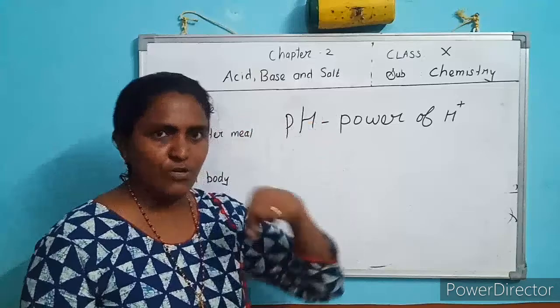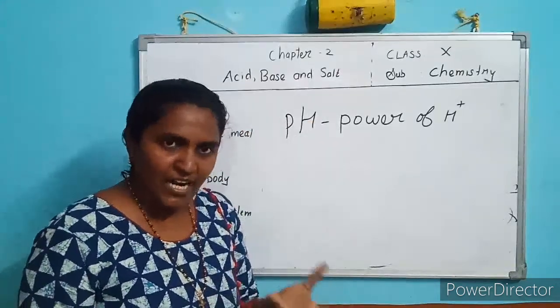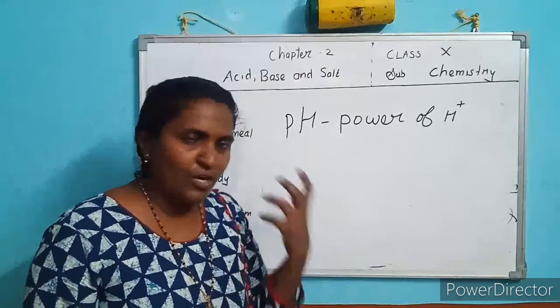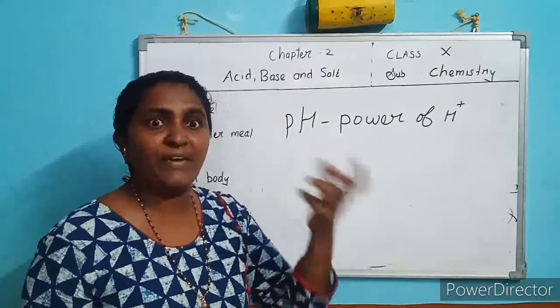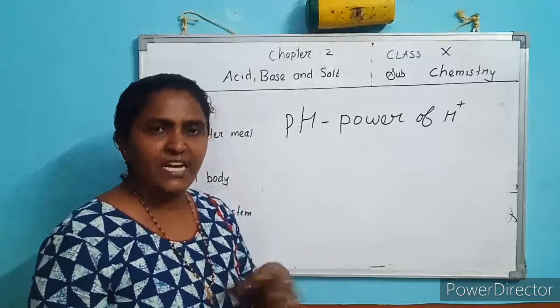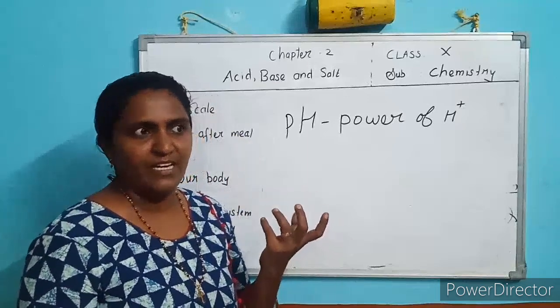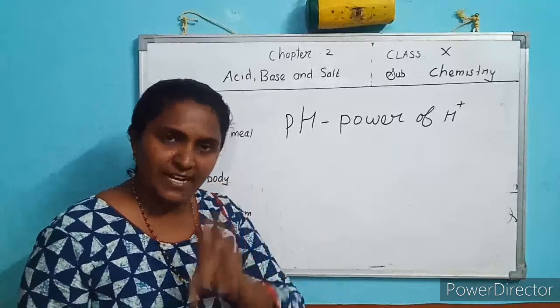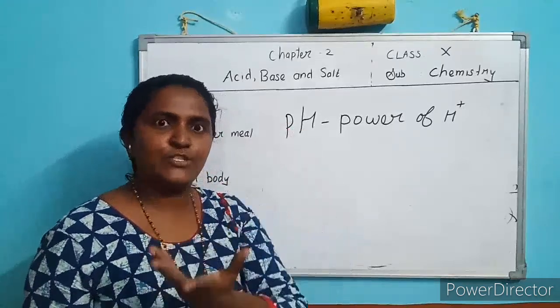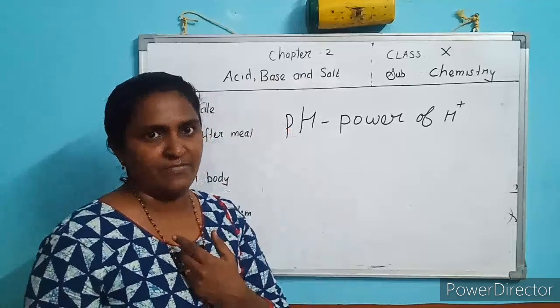If you put it in the solution, depending upon the hydrogen ion, the color changes. If there is a greater number of hydrogen ions, it will change into pink color. The universal indicator, which is yellow, changes into pink. If the hydrogen ion is very less in your solution, the universal indicator changes into blue, deep blue color.